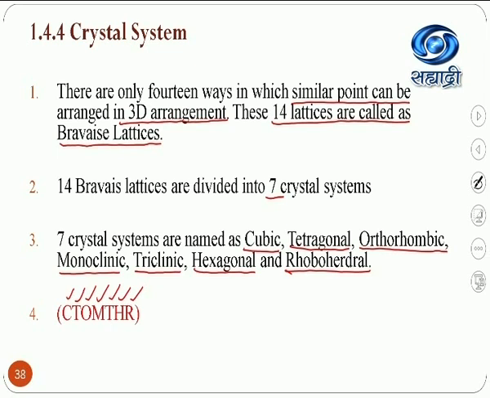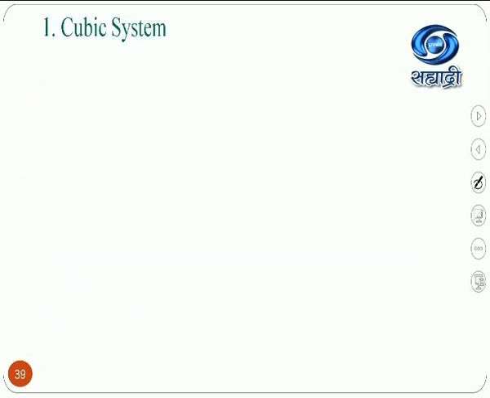Anyway, you just remember these 7 crystal systems. In each crystal system, the arrangement of constituent particles is different. So altogether there are 14 different ways by which you can arrange the constituent particles in 7 crystal systems. These are called Bravais lattices.